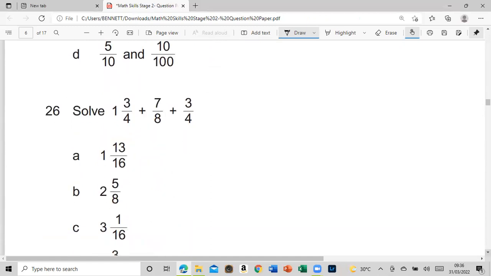Alright, it says solve y and 3/4. That's 7/8 plus 3/4. Alright, so guess what we're going to do? We're just going to add 3/4. It's going to leave the one whole number here, so it's 3/4 plus 7/8 plus 3/4 again.